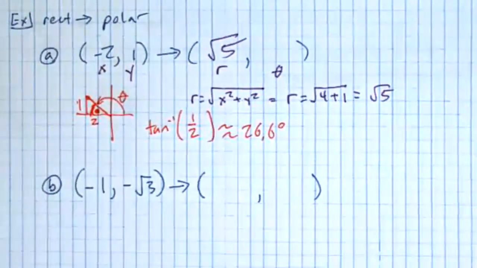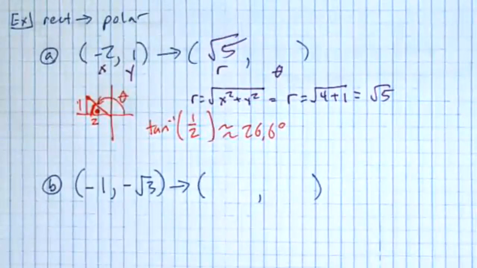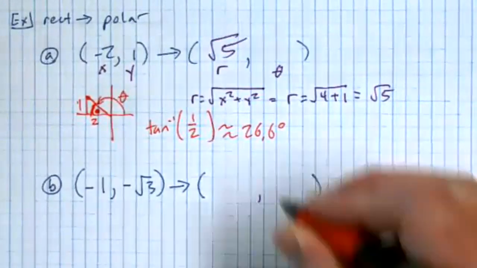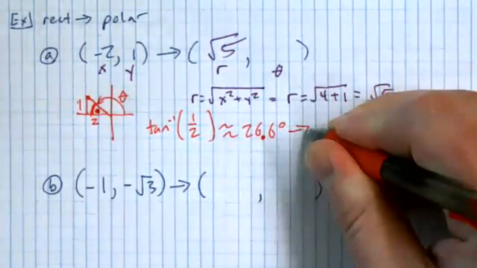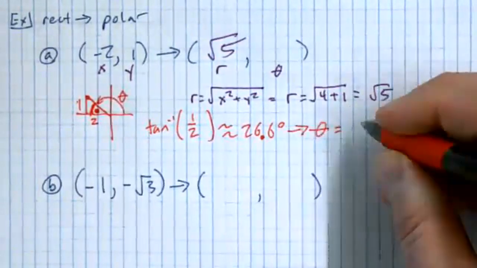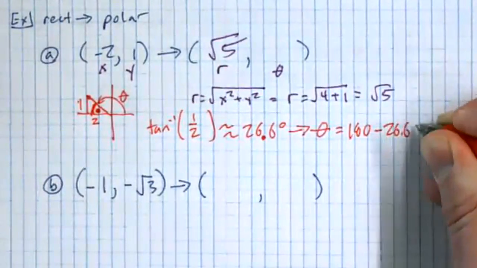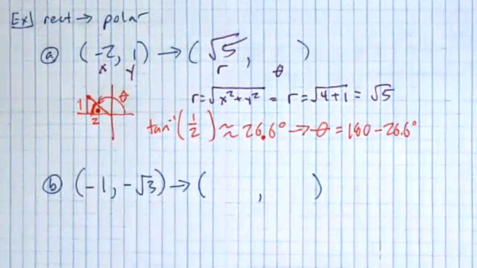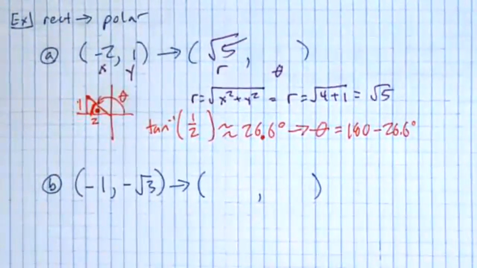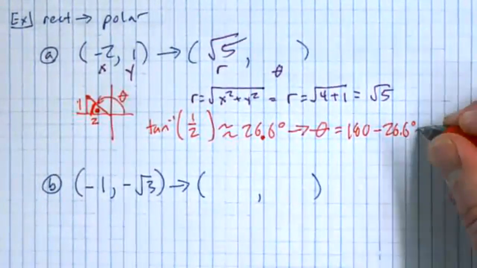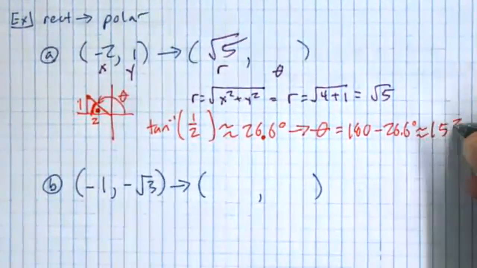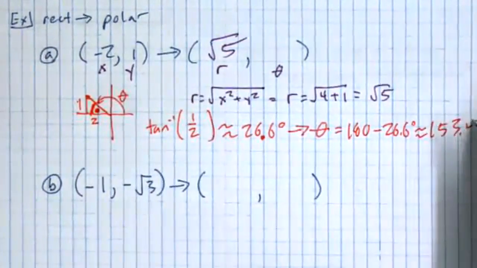But that's my reference angle, that's not theta. We can use it to find theta. Theta would be 180 minus that, which is about 153.4 degrees.